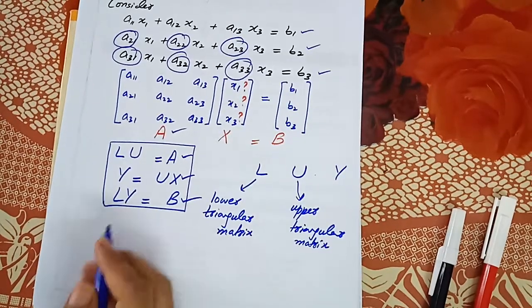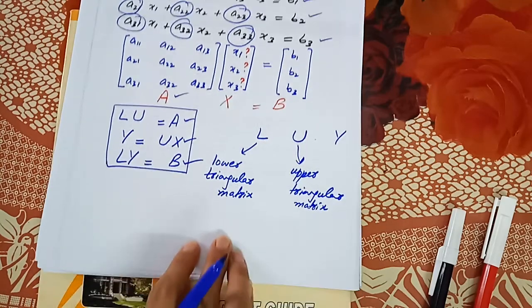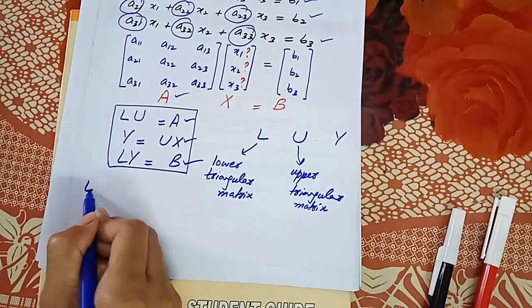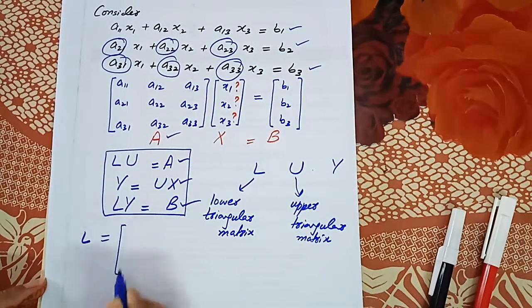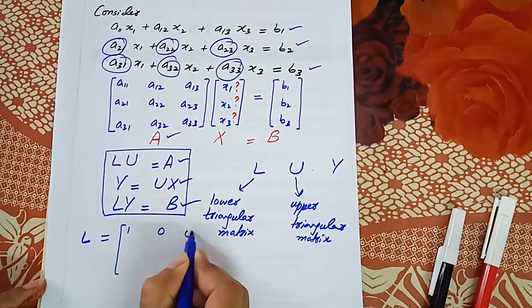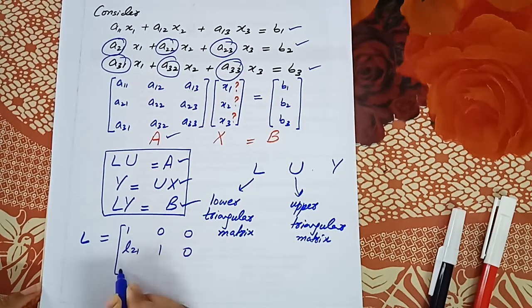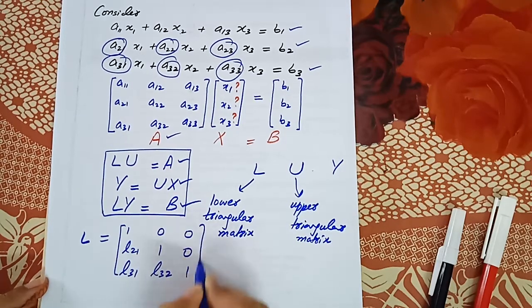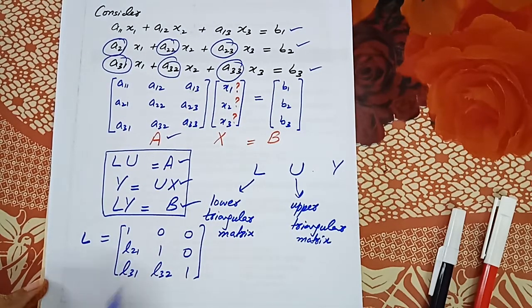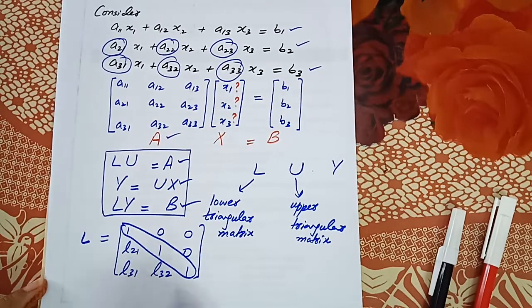Now you need to know the value of L. L is the lower triangular matrix, and always you will take L as 1, 0, 0, L21, 1, 0, L31, L32, and 1. This is the lower triangular matrix, where the diagonal entries are 1 and the entries above the diagonal are 0.